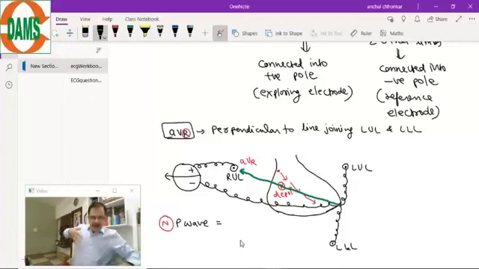And normal depolarization is going away from the positive pole. So it will be negative. Similarly, the normal QRS will be negative too. This question has come in your exam: in which limb lead is the P wave normally negative? Answer is AVR. Similarly, QRS will also be negative.